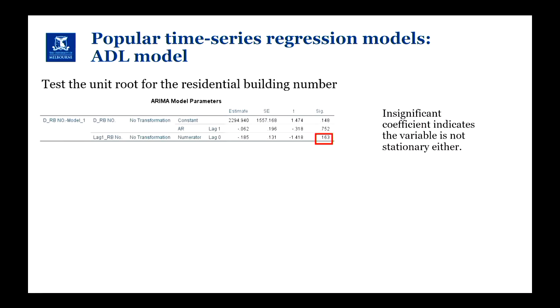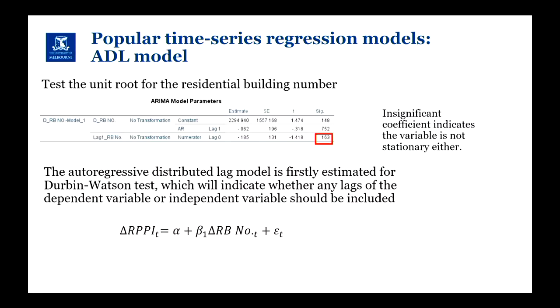Unlike the ARMA model, which is estimated based on a single time series, it can be estimated for two and even more time series data. Of course, the basic principle for this model comes from the linear regression model. However, in this model, we can add some distributed lags or autoregressive lags.